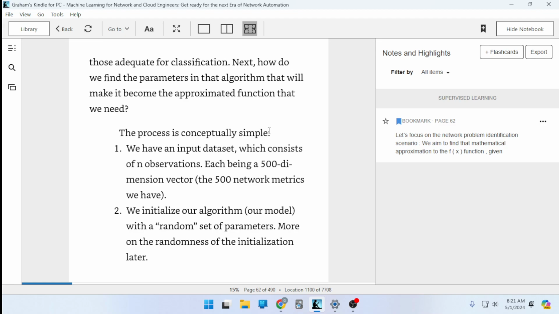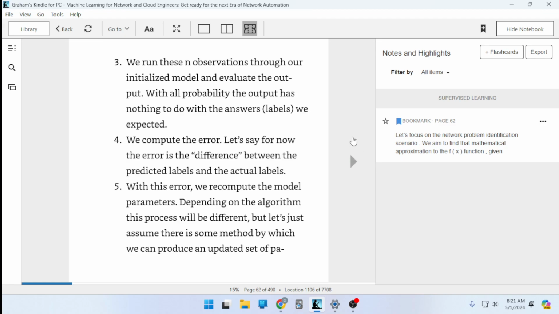More on the randomness of the initialization later. Number three, we run these n observations through our initialized model and evaluate the output. With all probability, the output has nothing to do with the answers, the labels we expected.